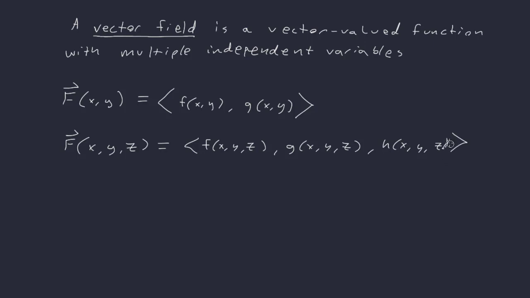So vector fields are the situation where we have 2 to 3 dependent variables and 2 to 3 independent variables.